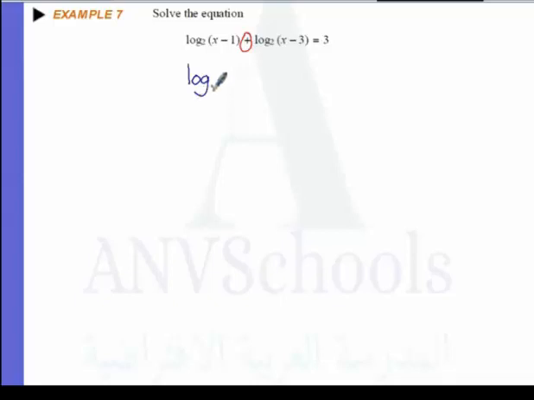So we have a base 2, and the expressions are x minus 1 and x minus 3. So taking into account the property of the logarithm of the product, which is equal to the sum of the logarithms of the individual factors. So this one is equal to 3.